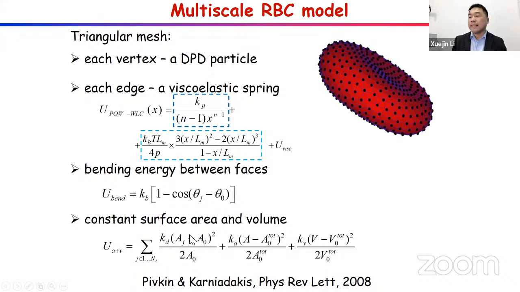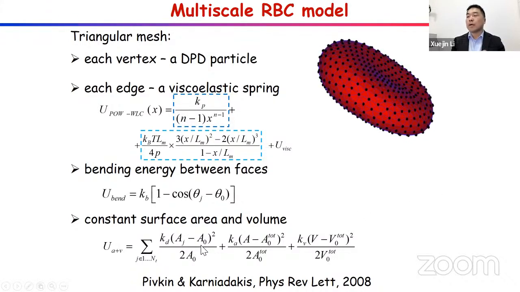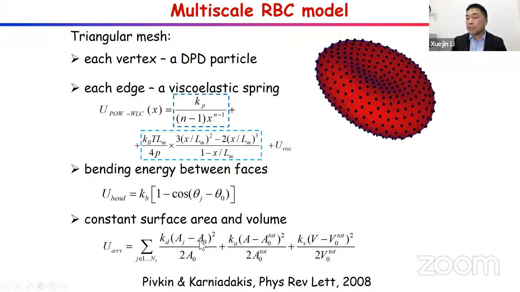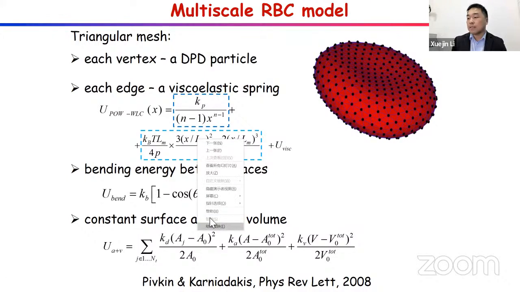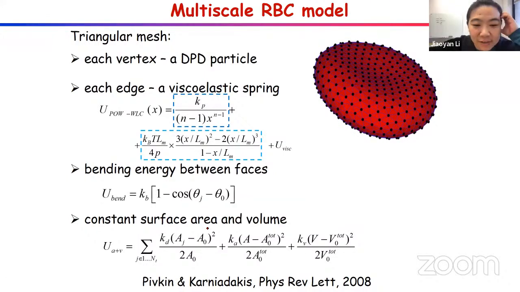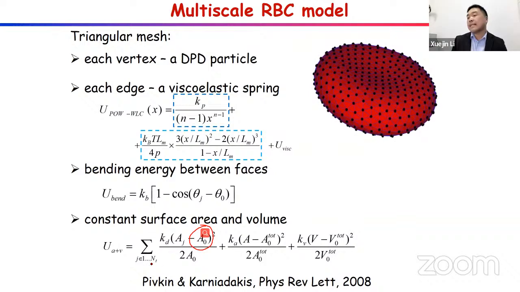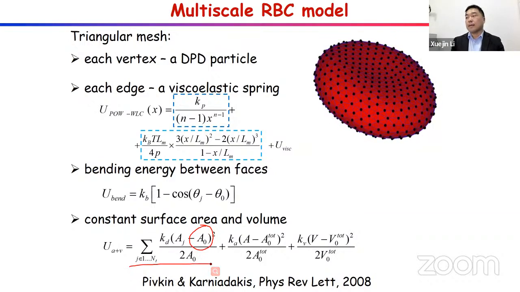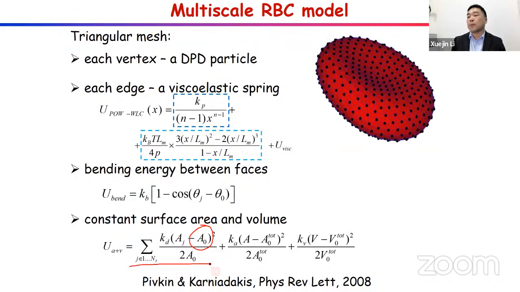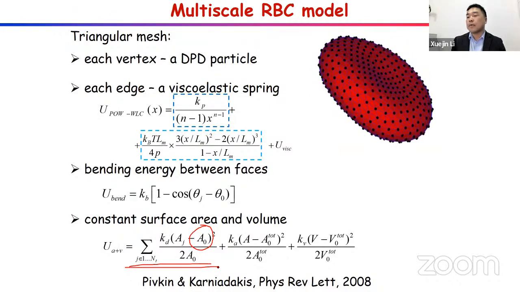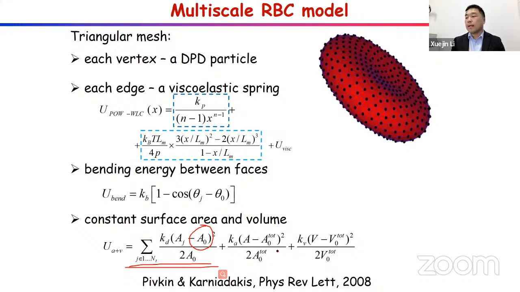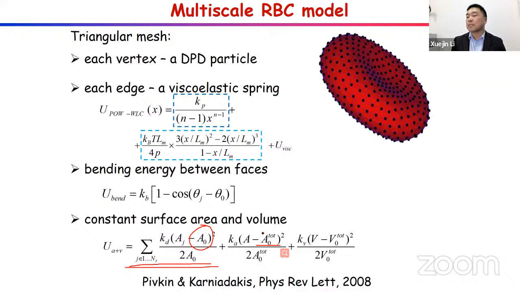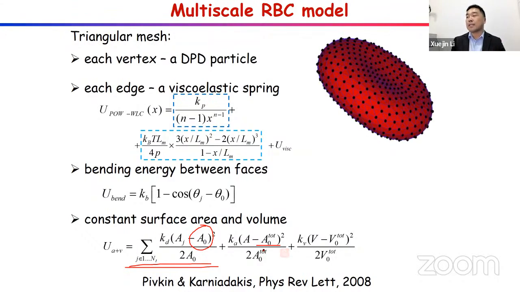That's a good question. I think if you want to use smaller triangles to represent the cell model, you change this parameter. This A0 is the surface area for the single triangle. Here it shows the area for each one, and in the middle terms, it shows the total area for the cell membrane.